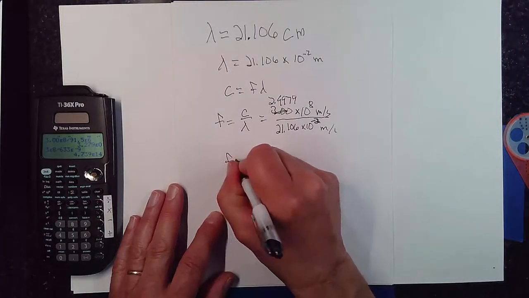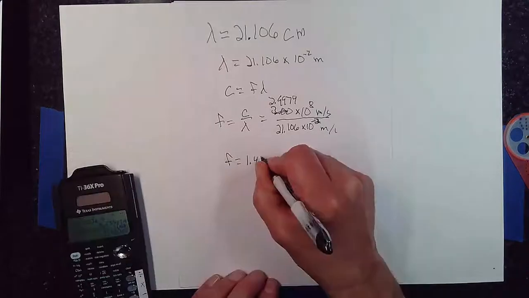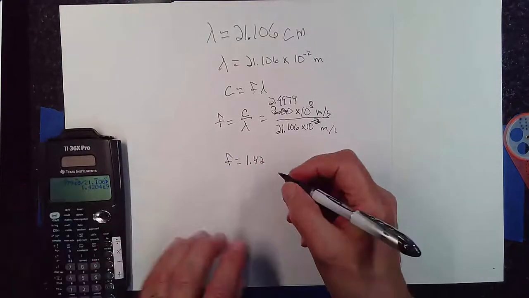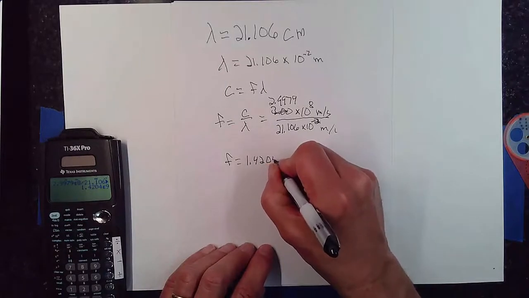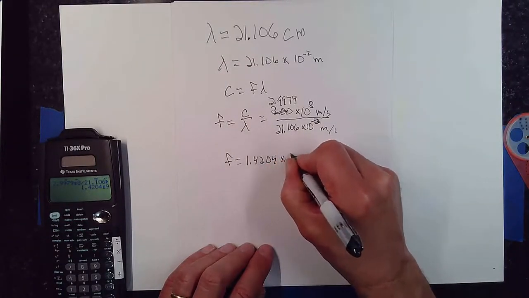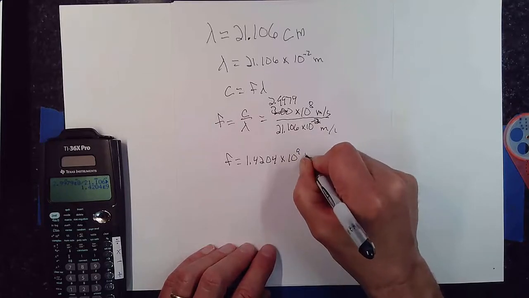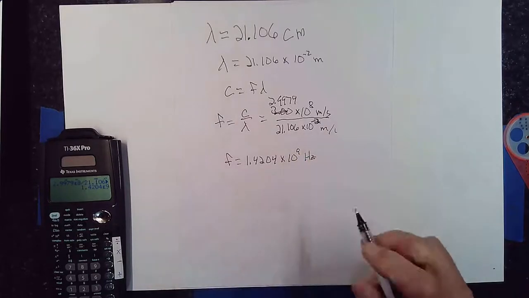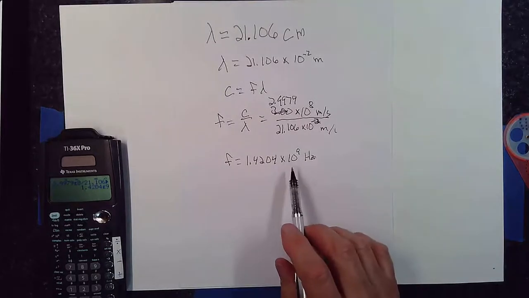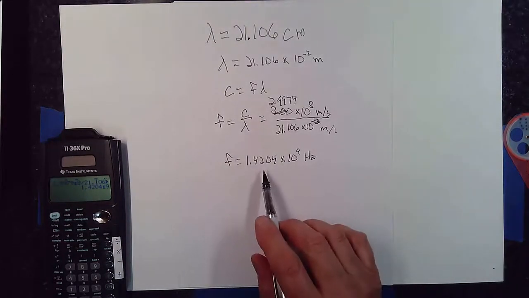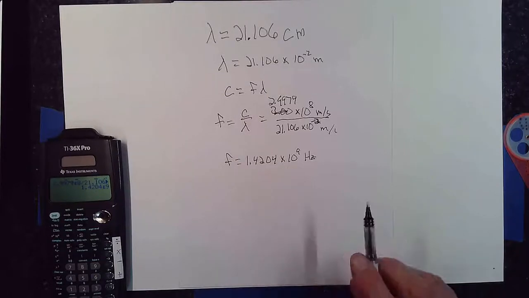Anyway, that frequency will end up being, now 10 to the 9th is giga, so this would be 1.4204 gigahertz.